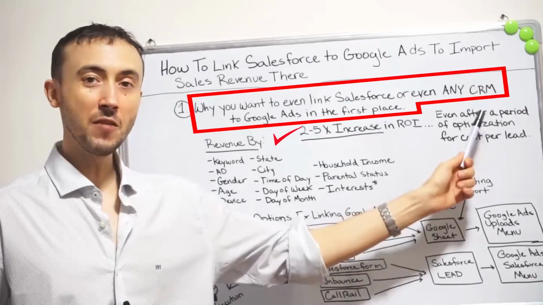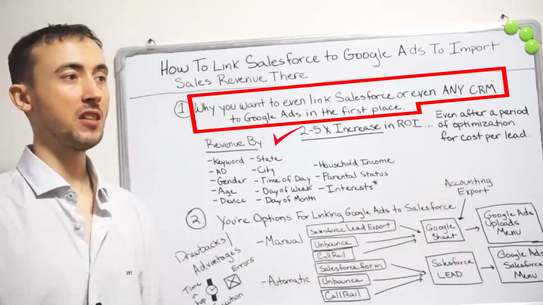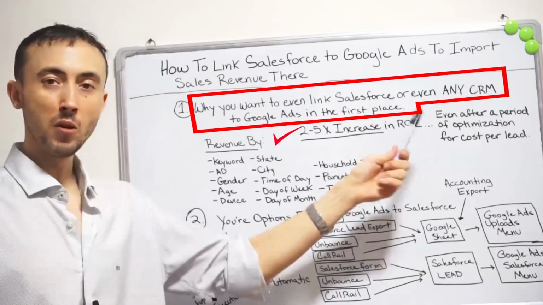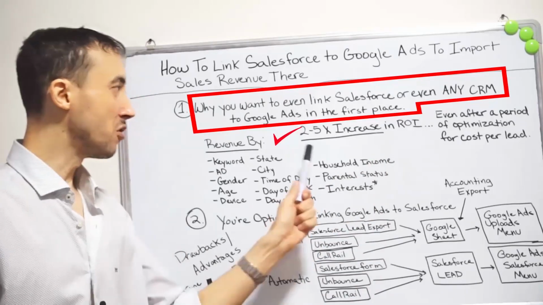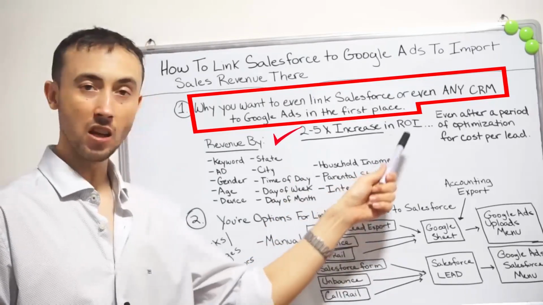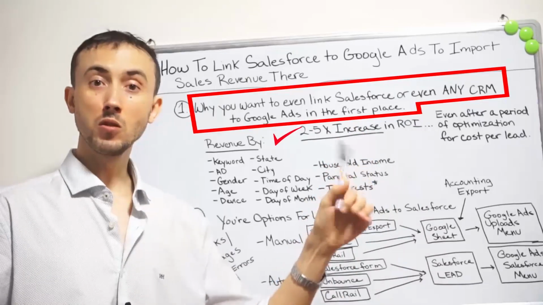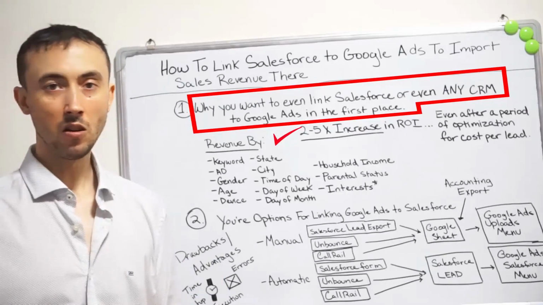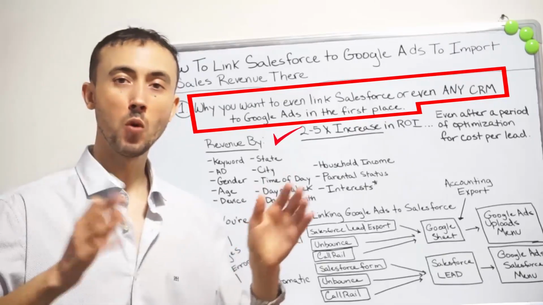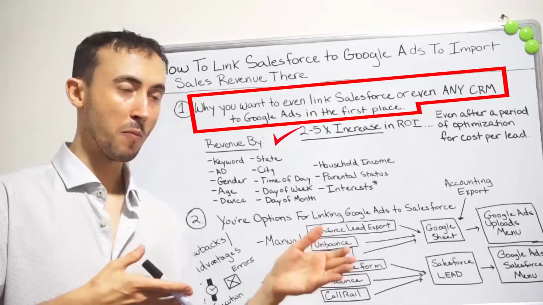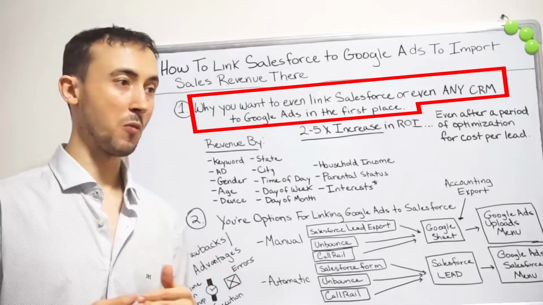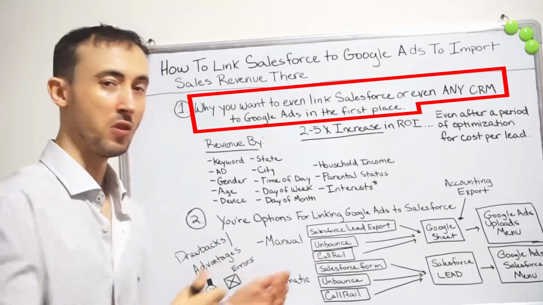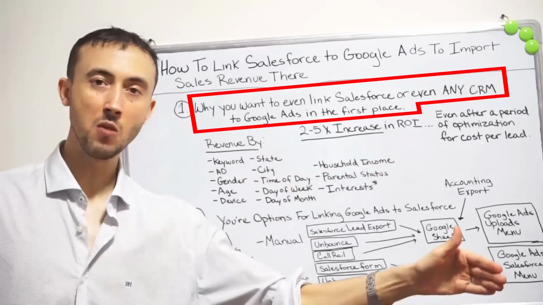And that's even assuming a period of optimization. Let's say you've been optimizing for more leads for a while and you're plateauing. You add this revenue and opportunity tracking to the mix, and you're going to get a 2 to 5x ROI increase, or the capability to earn 2 to 5 times more profit than from optimizing for more leads. When you optimize for more leads, some leads will certainly be cheaper, but other people know the leads that come in from XYZ keyword are junk.